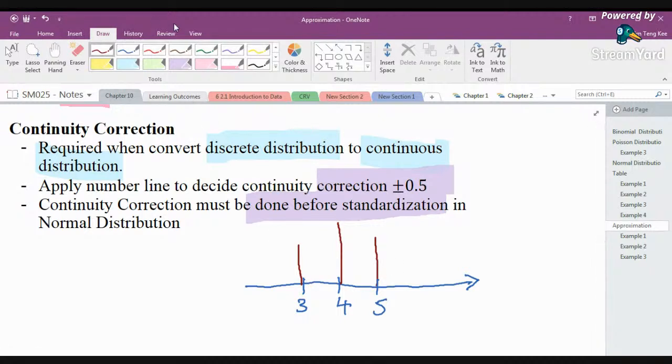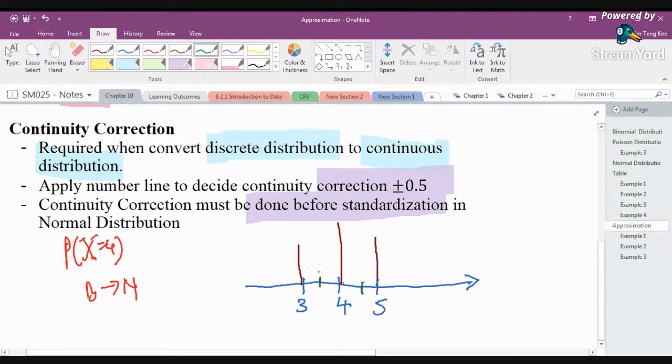So when you're calculating probability for, let's say, x equals to 4, from binomial to normal, you're actually trying to calculate in such a way that you consider the probability line of 4, instead of being a line, as a bar.